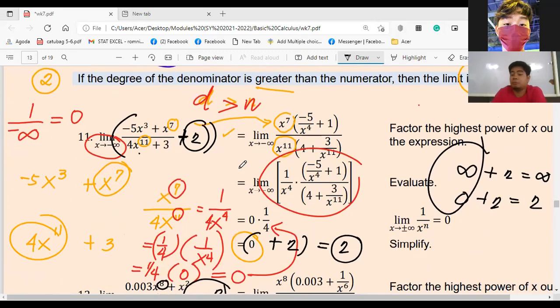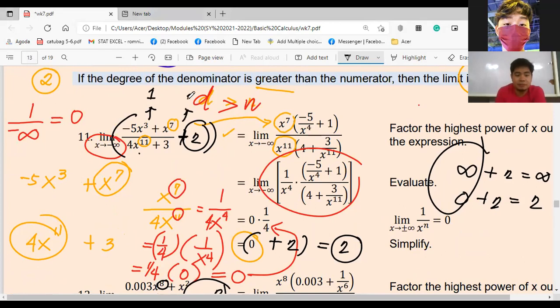Pero kung mas malaki ang denominator kay numerator when it comes to the degree, then what will happen? 0 daw ang katumbas. Pero tandaan mo na kapag biglang nag-add ka ng constant, dahil 0 yung isang term. This is per term, class. This is the first term.